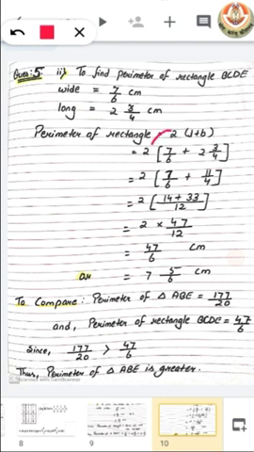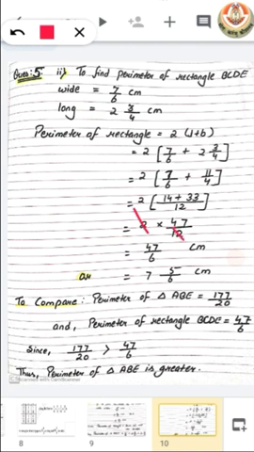Now we have one improper fraction and one mixed fraction. So first convert the mixed fraction into an improper fraction. Then we have two improper fractions, so we add them by taking the LCM. Then we have the answer 47 by 12, which is multiplied by 2.